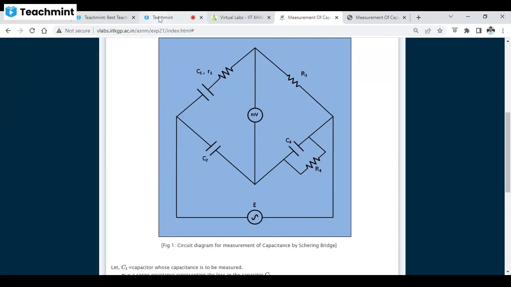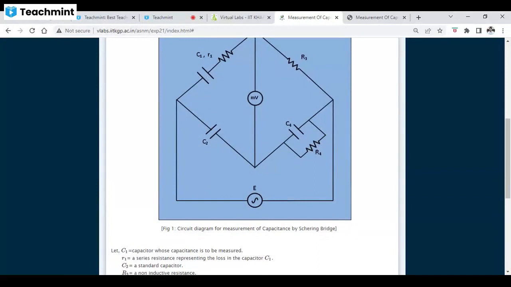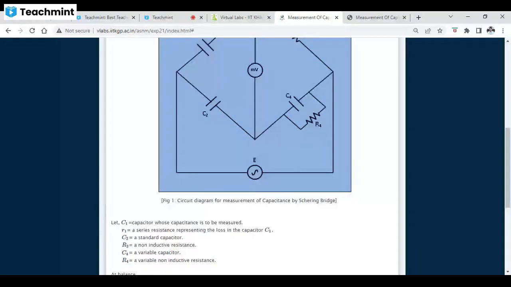This is the diagram of the Schering bridge for measurement of capacitance. Here C1 is the capacitor whose capacitance is to be measured, along with its loss, and C2 is the standard capacitor.